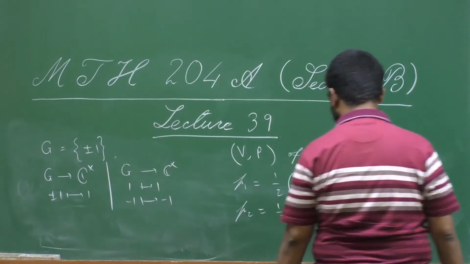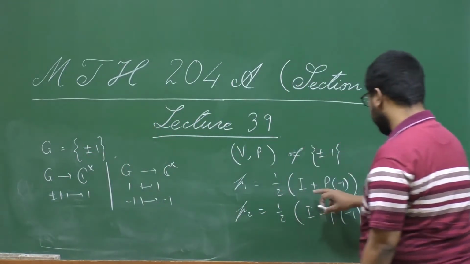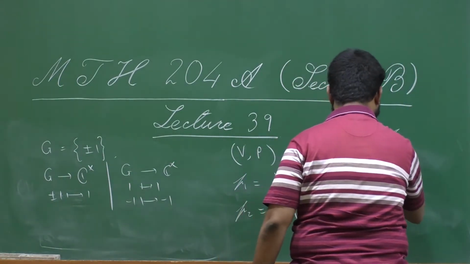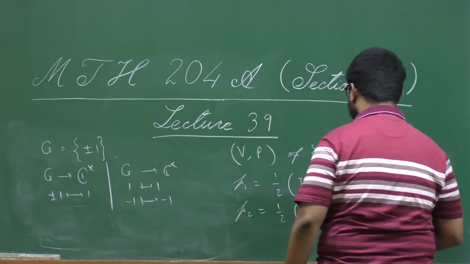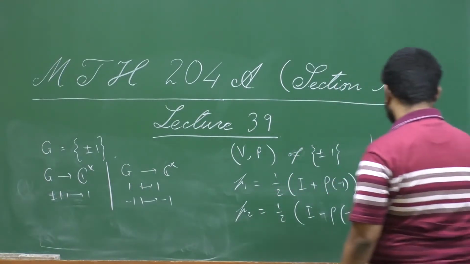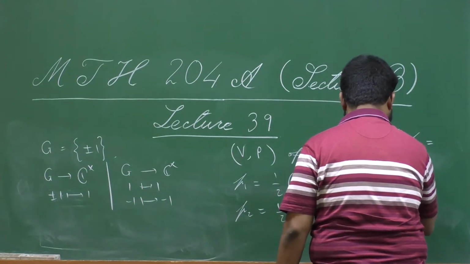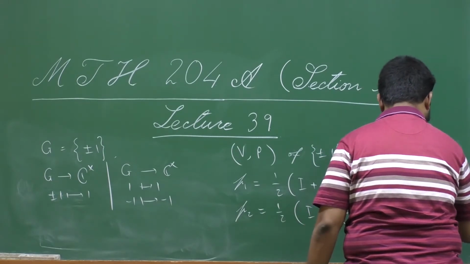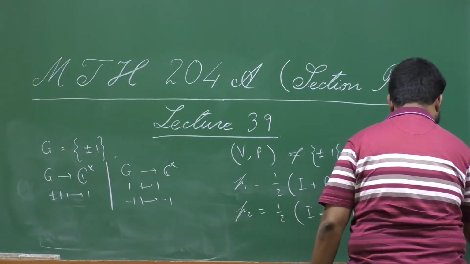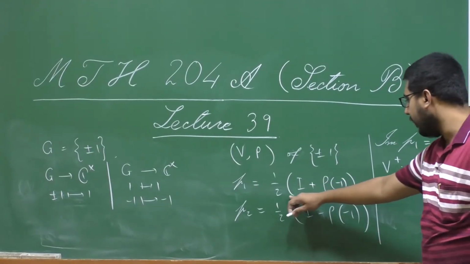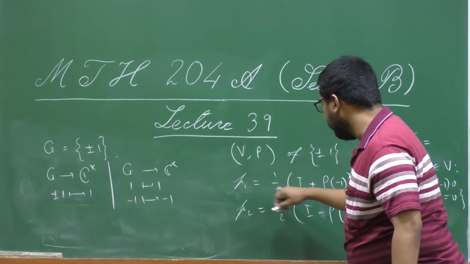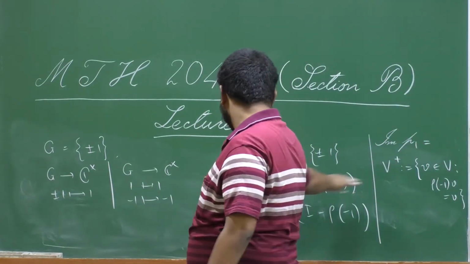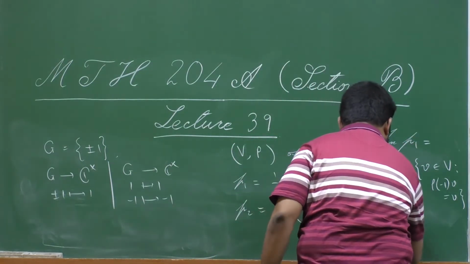It is the eigenspace, all v in V such that rho of minus 1 applied to v is v. If you apply rho of minus 1 to P1 v, which is v plus rho of minus 1 v, it is going to be fixed, and for P2 it is going to be the opposite.